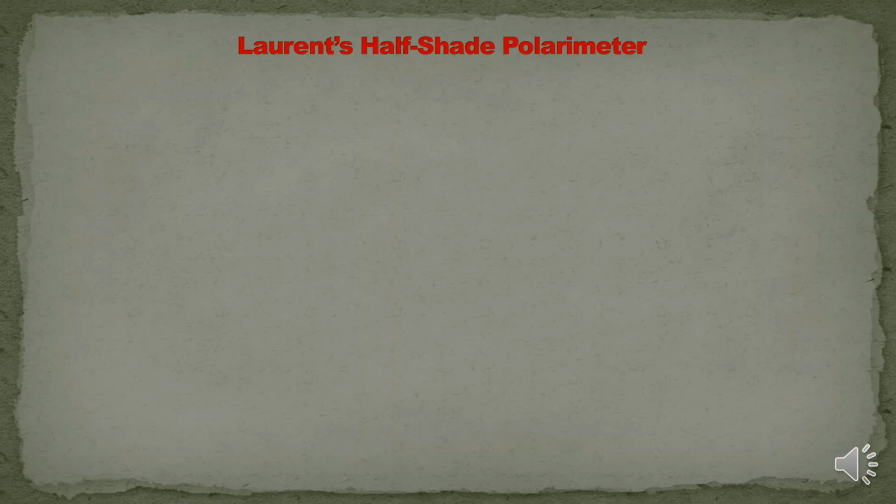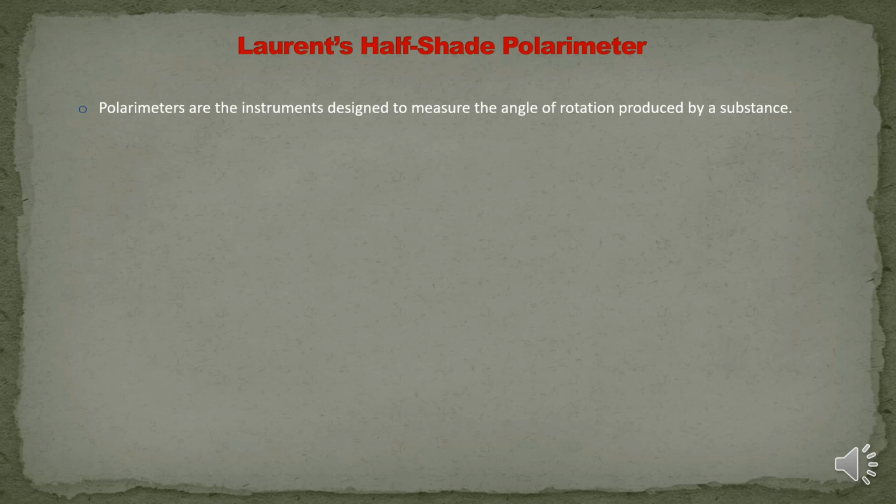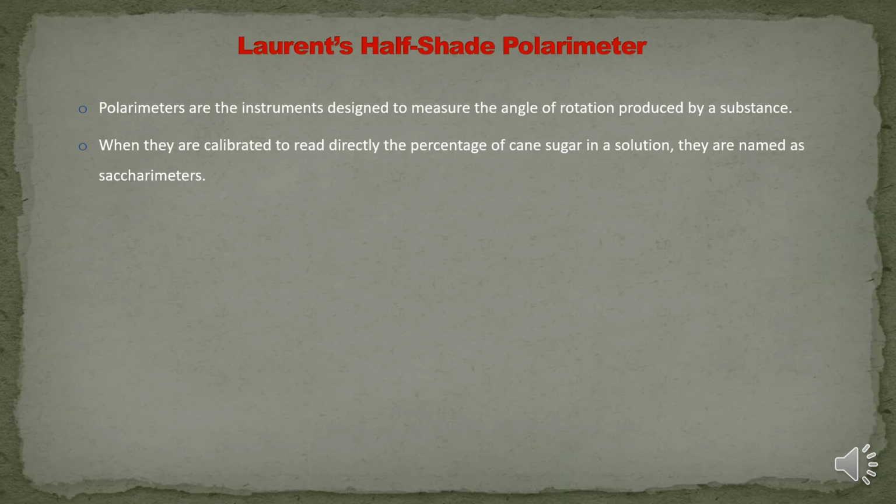Laurent's half-shade polarimeter. Polarimeters are the instruments designed to measure the angle of rotation produced by a substance. When they are calibrated to read directly the percentage of cane sugar in a solution, they are named saccharimeters.